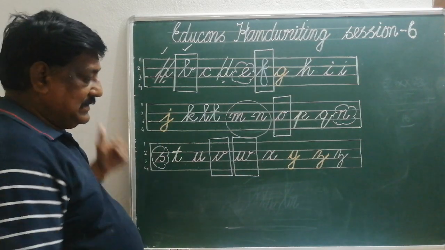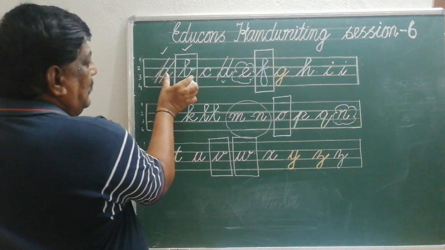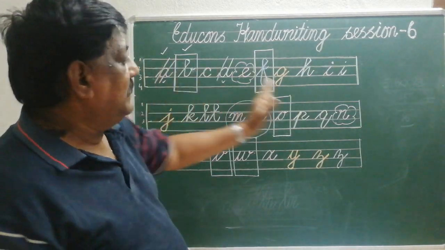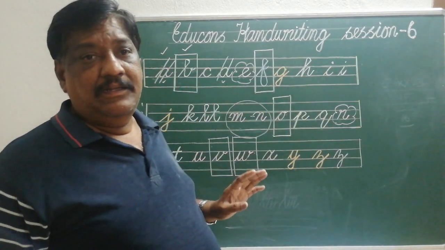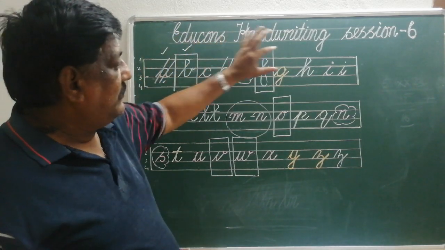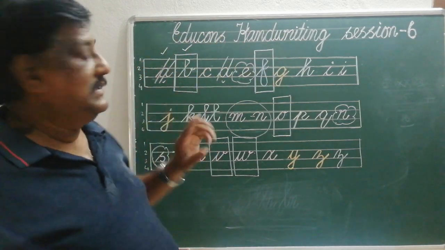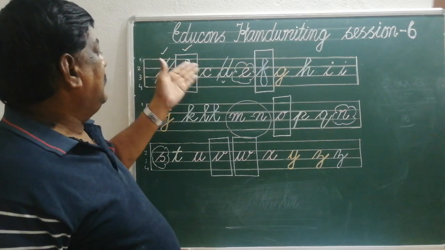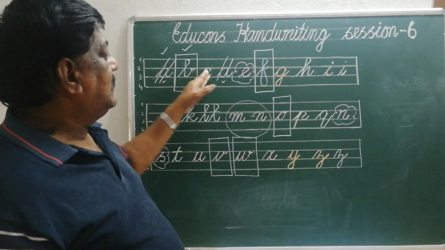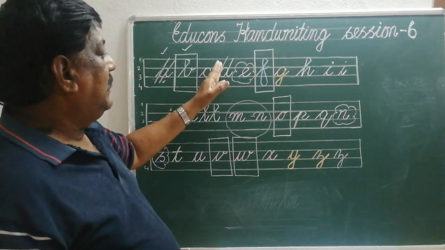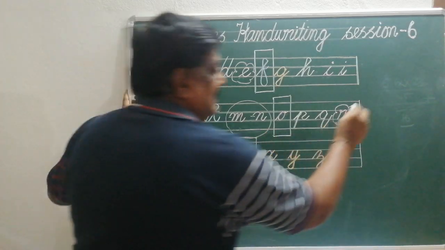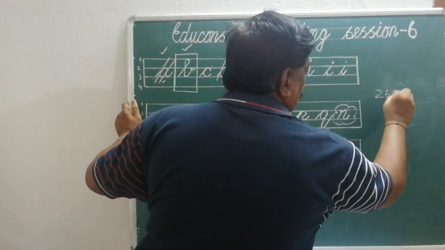Then after this, you select one upper ending and one lower ending letter and connect, or do one thing: select each letter, connect with two more letters. Suppose A with B and C, B with D and M, C with G and P, D with I and Q, like that. Select 26 letters into two letters.